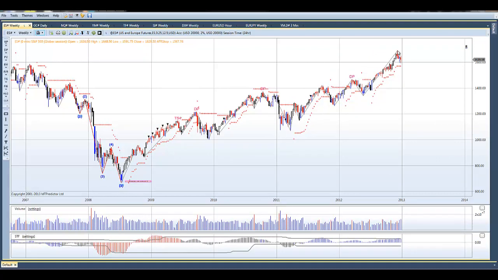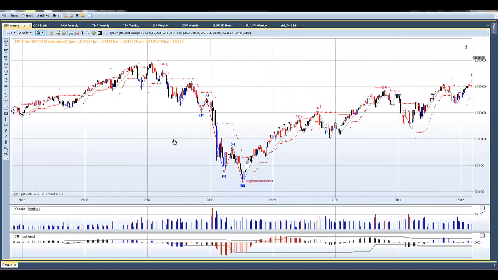You can see here's where we kind of peaked out on the S&P, and we got a little pullback. I scrunched the chart up so we can go all the way back to the prior highs in 2007. I'm going to take a decision point off of that last high, and actually there should be one more.